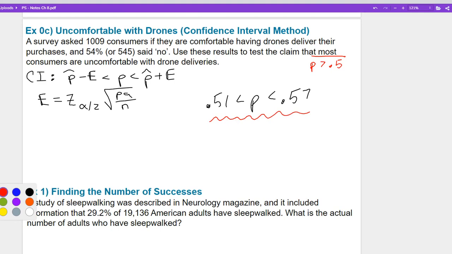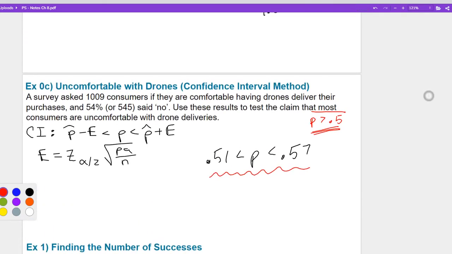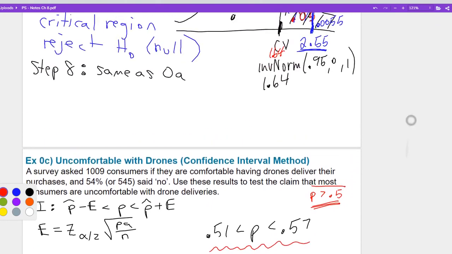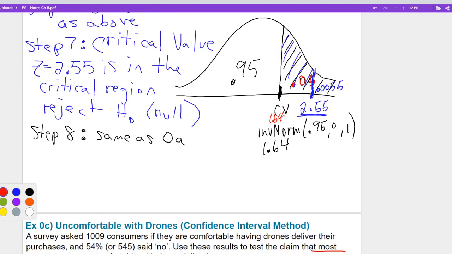This sure suggests to me that p is going to be greater than 0.5, right? I mean, if the true value of p is in between 0.51 and 0.57, then yeah, that suggests that we're greater than 0.5, right? And so we can say we have this confidence level that the true value is in between there, and so we're guessing, yeah, okay. So guess what? The answer is the same as it was in 0A.